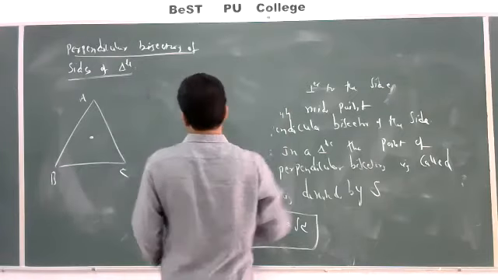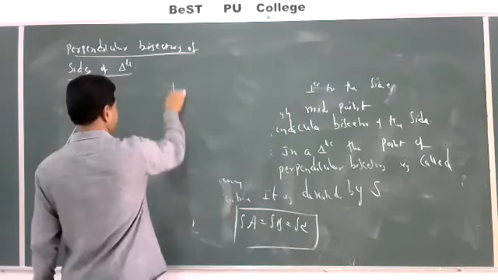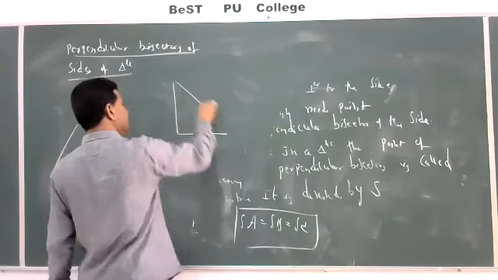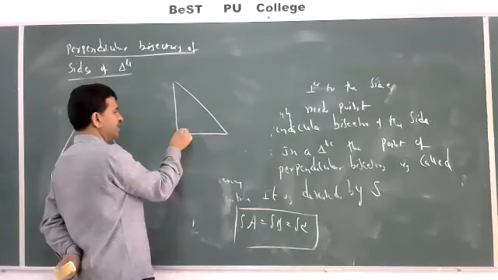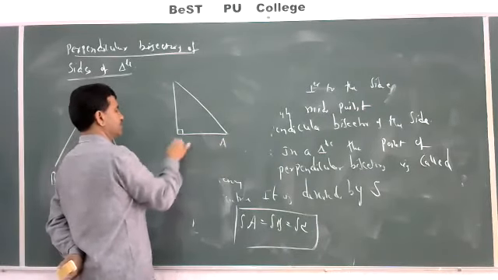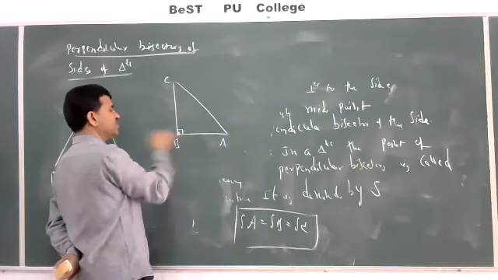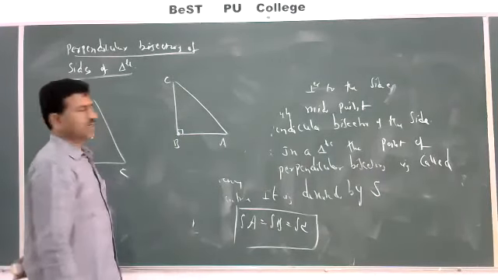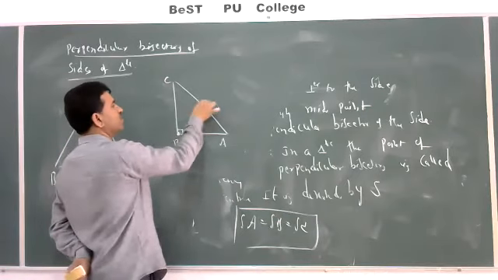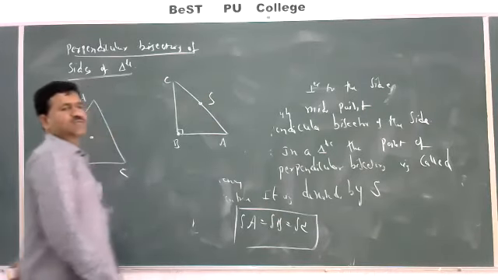But what about in a right angle triangle? Listen to me. In a right angle triangle, the vertex which contains the 90 degrees is itself the orthocenter, and the midpoint of the hypotenuse is the circumcenter. No doubt.